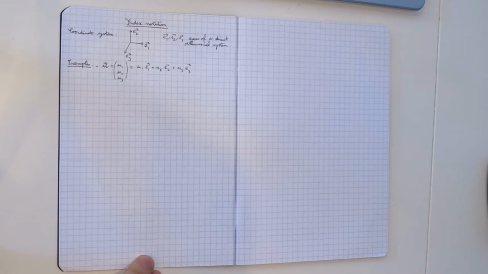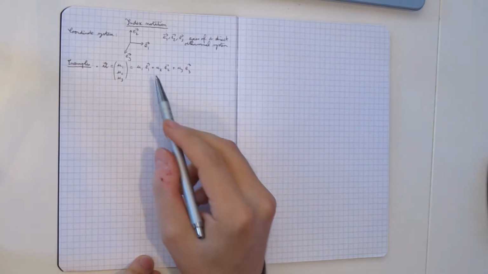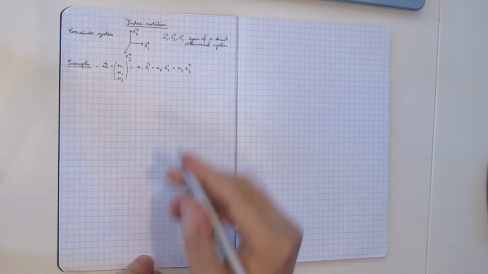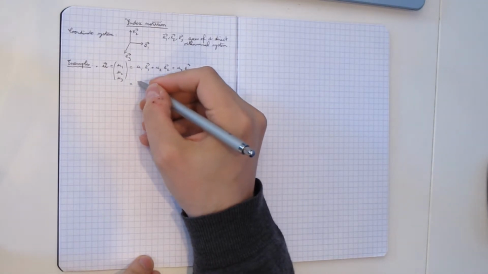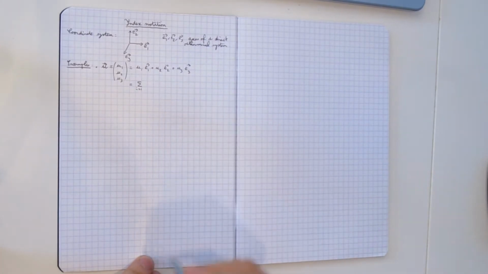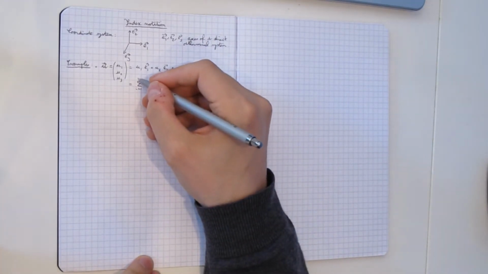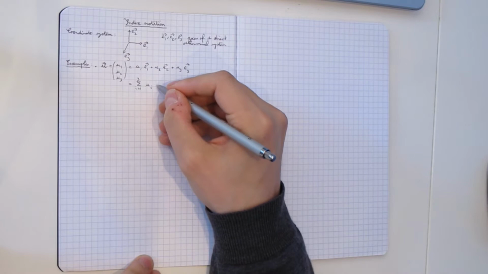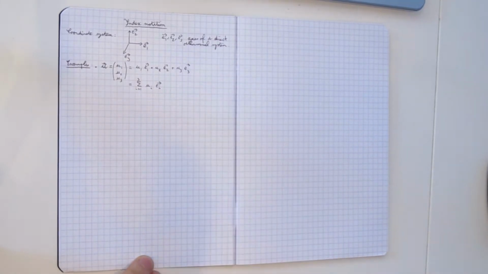And you can notice that when we write this, the fact that we have taken e1, e2, and e3 in such a way means we can combine this writing into a much more compact form, which is a sum from i equals 1 to 3 of ui times the vector ei.